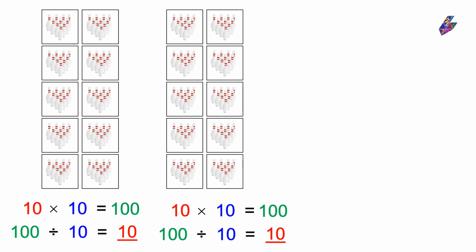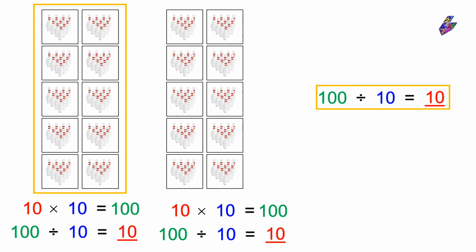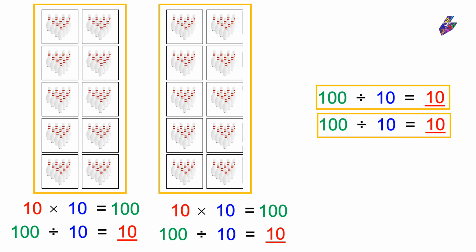Again, if we try to put all that information together to think about what this might look like as an equation with a division symbol, it looks like this. We know that 100 bowling pins divided into groups of 10 created 10 lanes. 100 divided by 10 equals 10. Then if we've got another 100 bowling pins divided into groups of 10, this would be another 10 lanes. 100 divided by 10 equals 10.